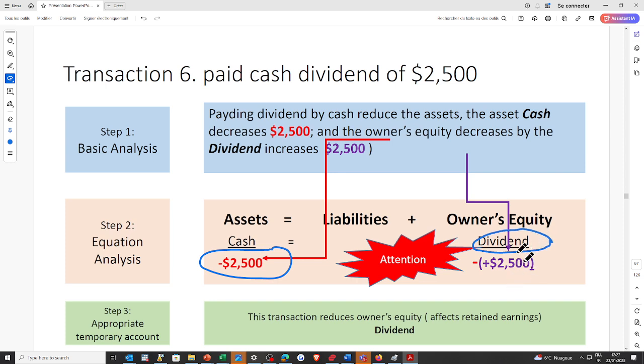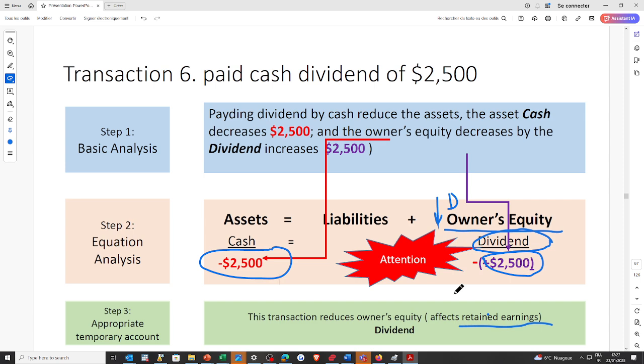However, you know that retained earnings should be less the dividend. It means that you decrease the retained earnings and decrease the owner's equity. So owner's equity in this case, same as with the expense, is a decrease.